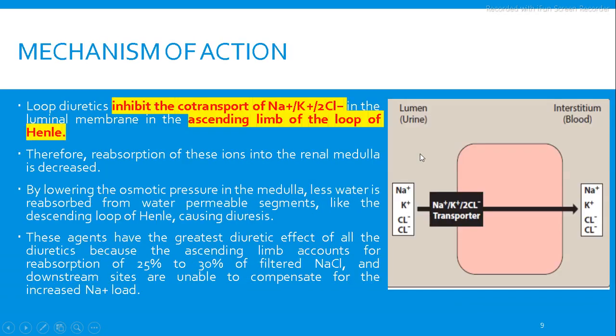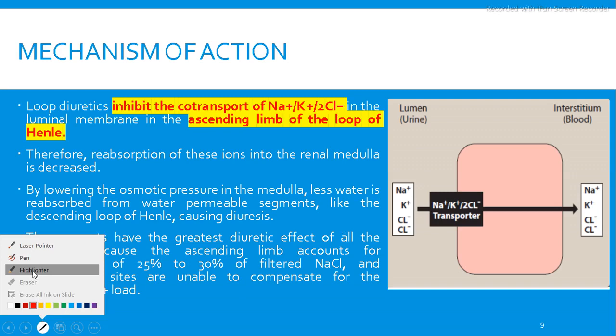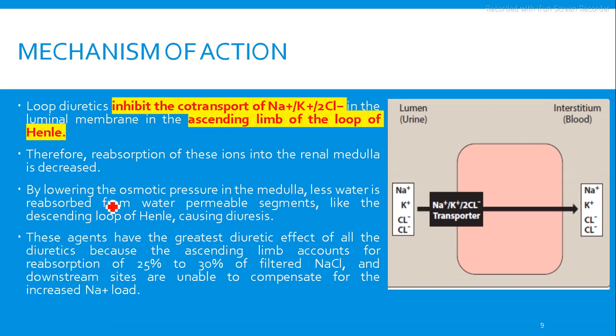So next is the mechanism of action of these drugs. Okay, so the mechanism of action is simple. It inhibits the co-transport of sodium, potassium and 2 chloride in the luminal membrane in the ascending limb of the loop of Henle.